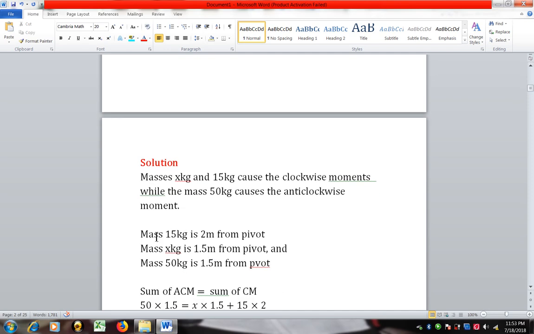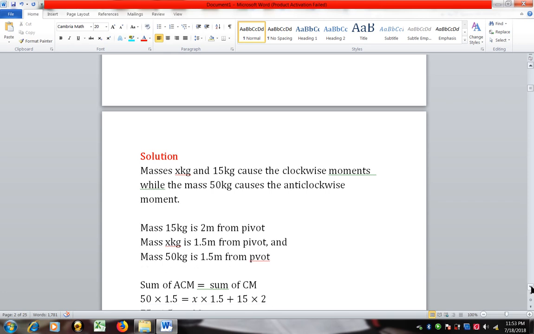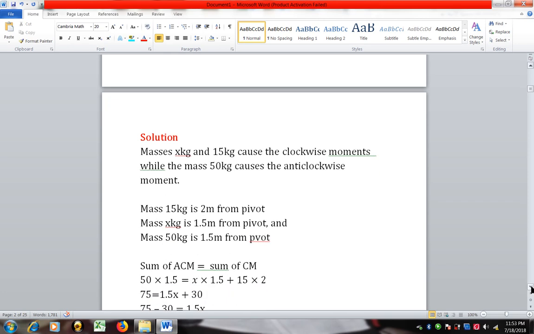We know that mass 15 kilogram is 2 meter from the pivot. Mass X kilogram is 1.5 meter from the pivot, and mass 50 kilogram is 1.5 meter from the pivot as well. The next thing to solve our problem is to invoke the principle of moment, which states that the sum of anti-clockwise moments is equal to the sum of clockwise moments about any given point.